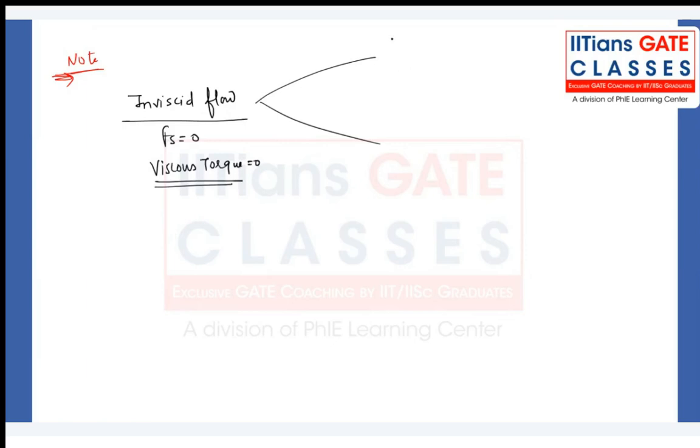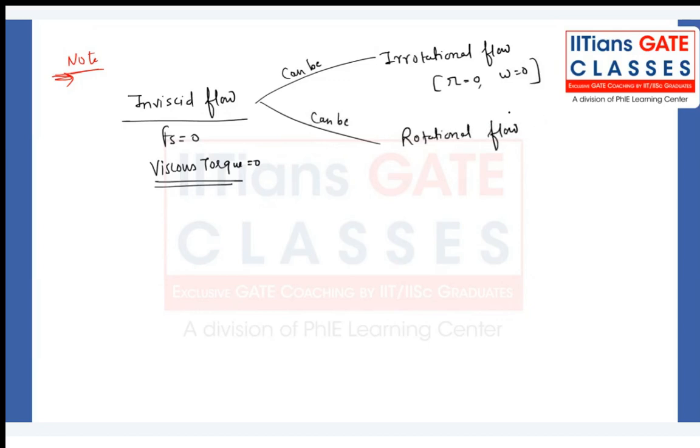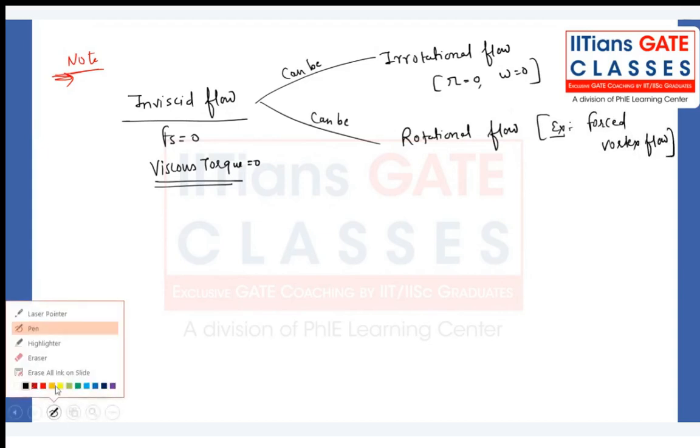So inviscid flow can be an irrotational flow, vorticity 0, omega 0. It can be a rotational flow. Example, forced vortex flow. So make a note of it.